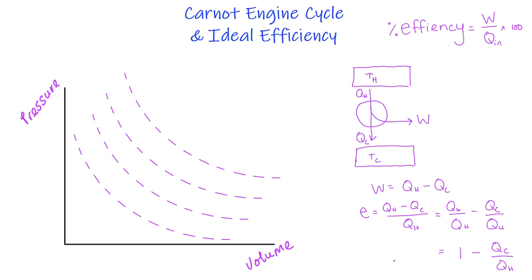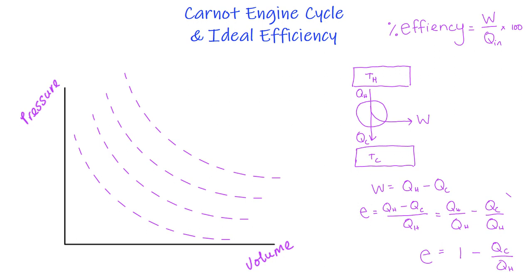And this model is really useful because it can tell me what the efficiency of the engine is by saying 100% efficiency minus this ratio of the exhaust heat to the input heat, and that would tell me how efficient my engine is. So let's look at how the Carnot engine cycle is defined to be the best and most efficient of all possible engine cycles.